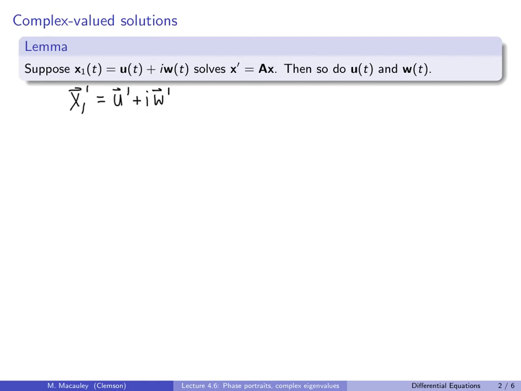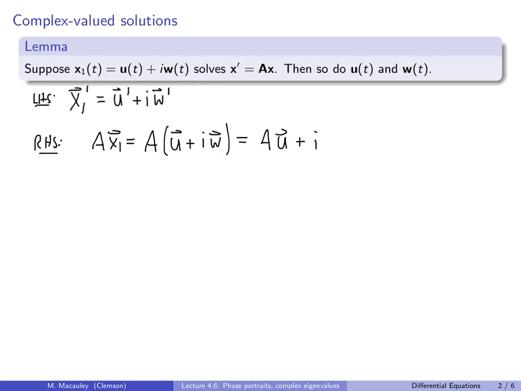Now the right-hand side of this equation is A times x1, which is A times u plus iw. So this is A times u plus i times A w.